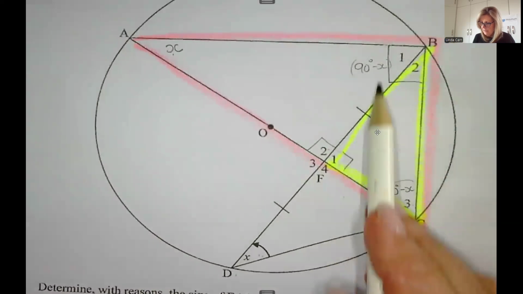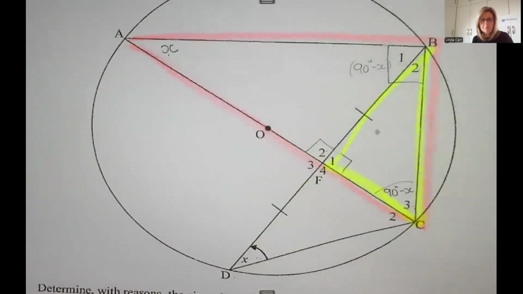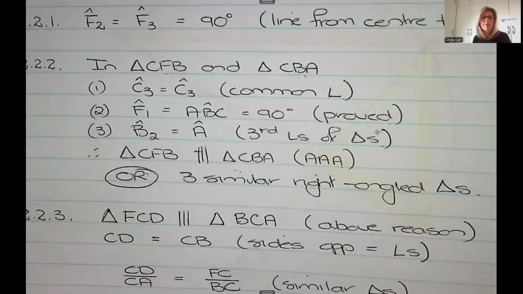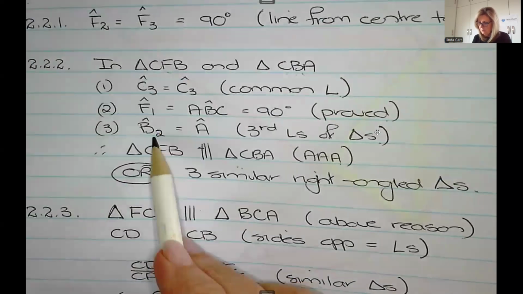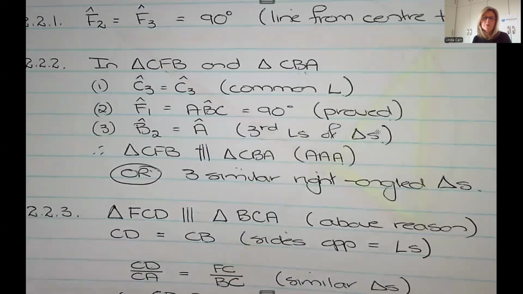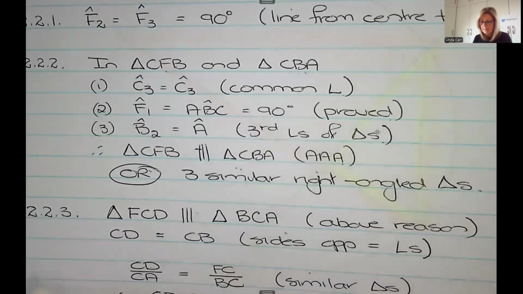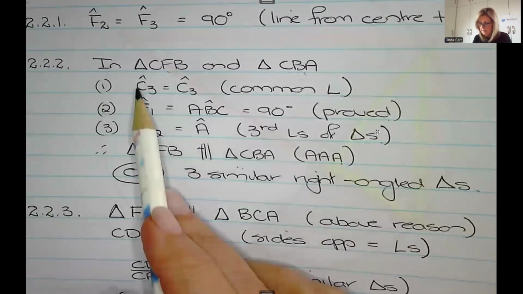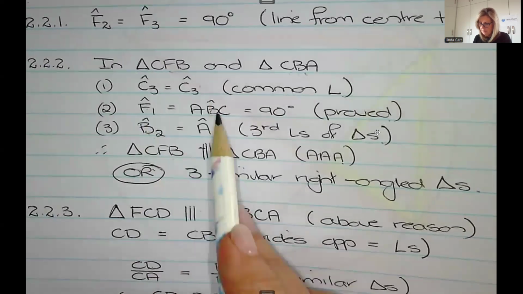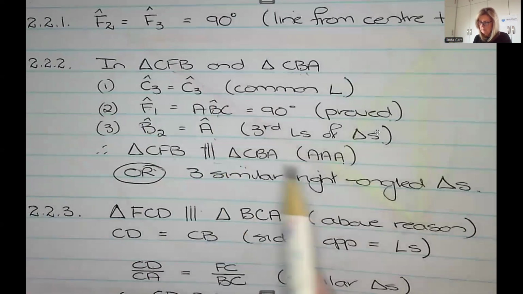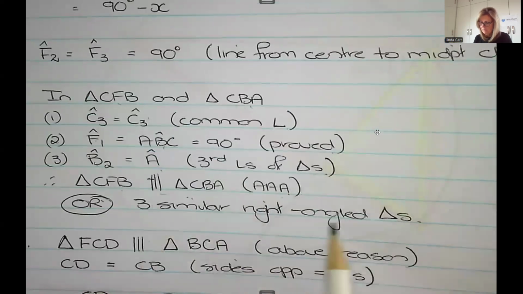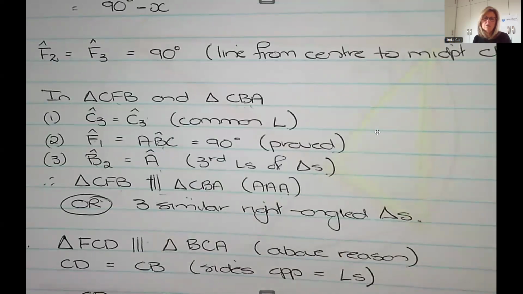Why is F1 equal to B? Oh, because they're both right angles. We've proved it. And therefore, angle B2 is equal to angle A because of the third angles of triangles. So triangle CFB is similar to CBA because of angle, angle, angle. Remember I said you could also say 3 similar right-angled triangles.